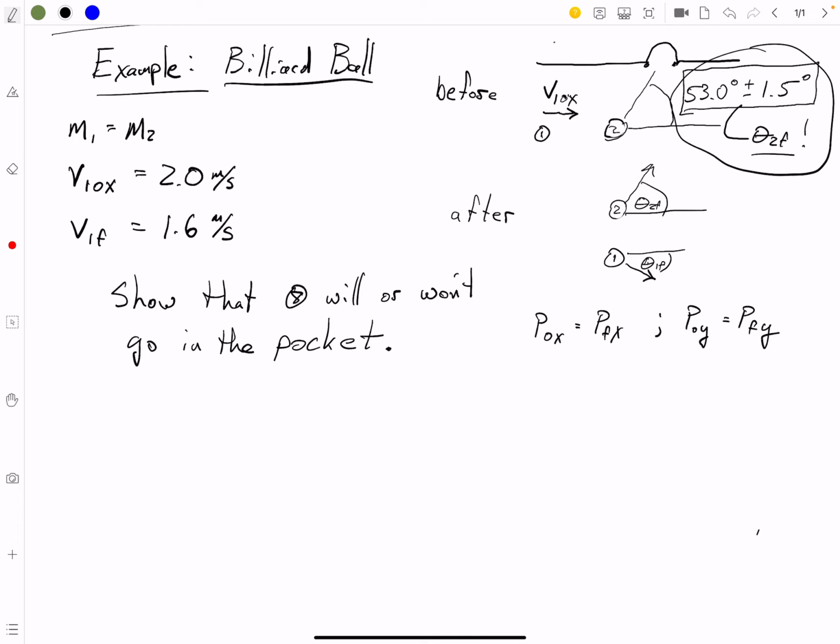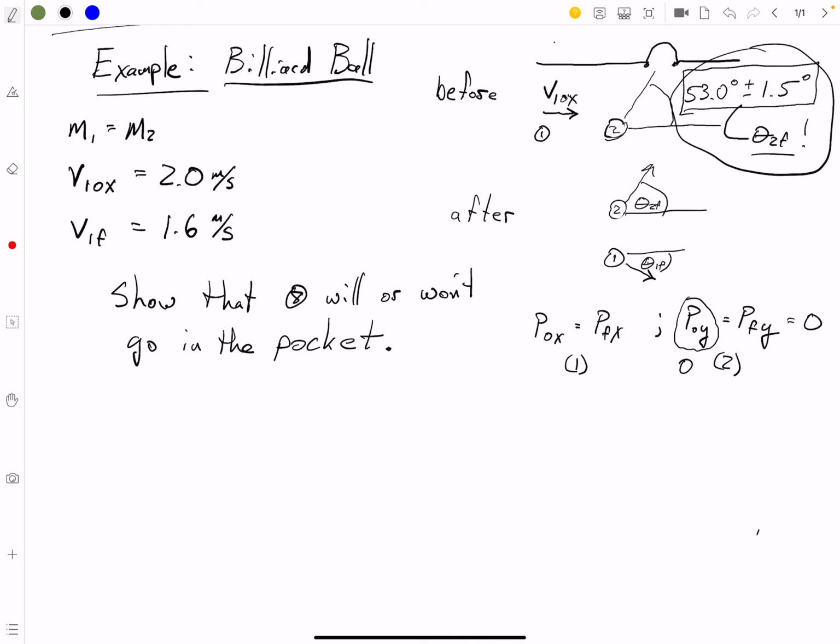We're going to use both those two things. So we're going to have one equation and another equation. And we already know that initially we can say that that equals 0, right? So our P final y must also equal 0. So that's helpful. Not so much on the P naught x side, but let's go.